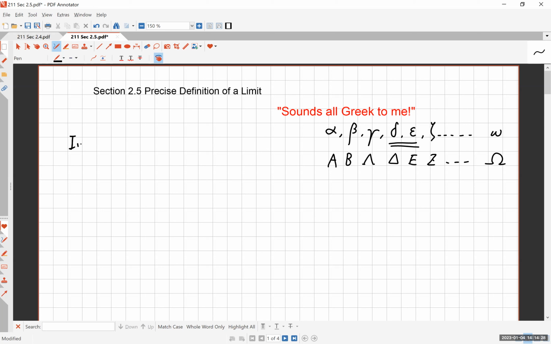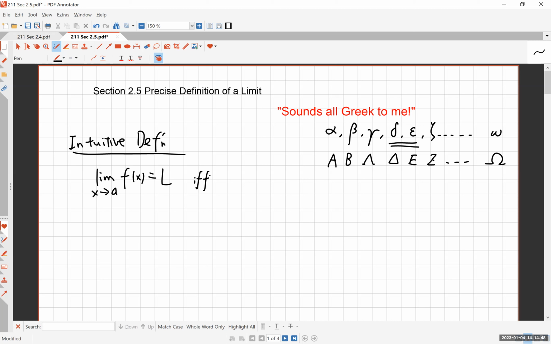All right, so we talked about the intuitive definition of a limit, right? And so that one is the one that says the limit of f of x as x approaches a is equal to L. And we are going to now describe what we mean by that one sentence, which has the subject and the verb.